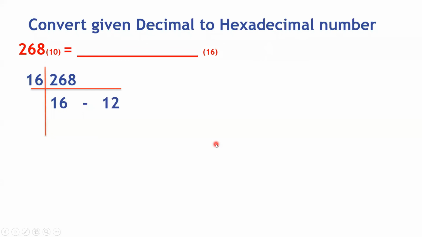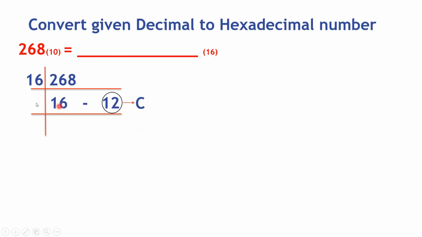So how much is left out? 12 is left out. But 12 in hexadecimal we write as C. Do remember, if the remainder is greater than 9, we are supposed to write it in alphabets.